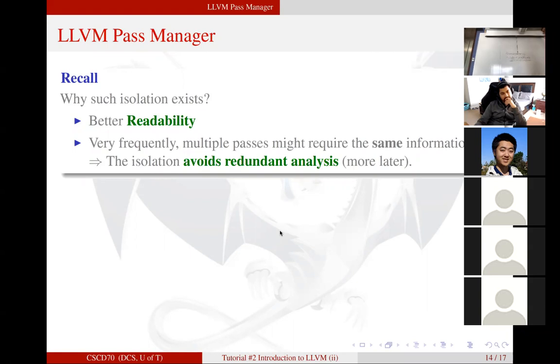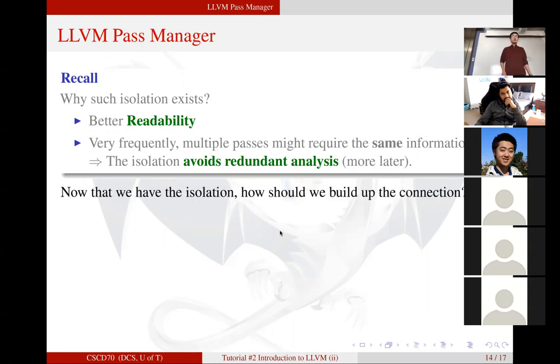So the isolation helps us avoid redundant analysis in our program. Now that we have this isolation between different passes, how could we build up the connection between them? The way we are going to do that is by using the LLVM Path Manager.